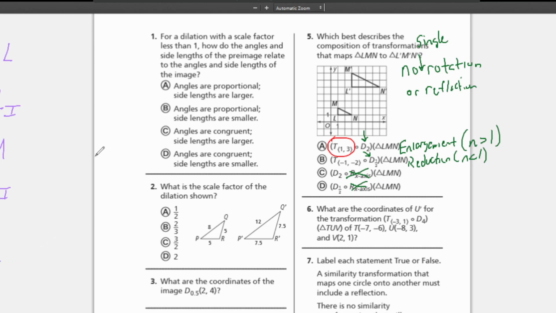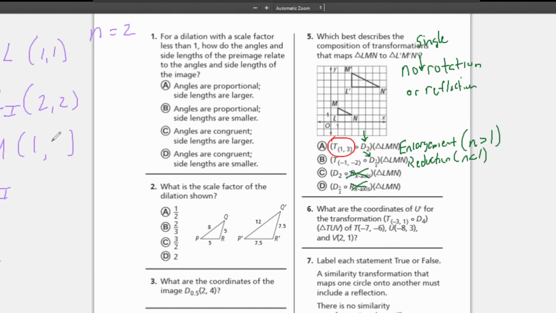intermediate. My point for L is 1, 1. And don't forget, our scale factor for the answer that we've already determined, based on the 4 options we have, is 2. So my intermediate step for L will be at 2, 2. M is at 1, 2.